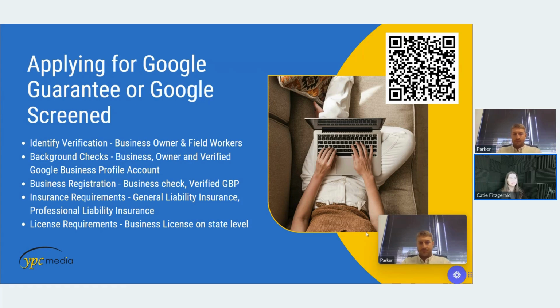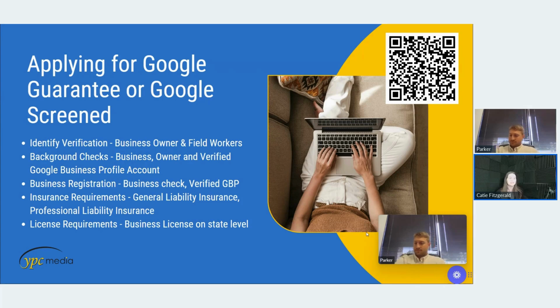This is going to go on the business owner and the business itself, and they also take a look at your business profile through Google to make sure you haven't had any slaps on the wrist or anything like that. They're going to look at your business registration documents and your insurance requirements. When you go through the Google Guarantee section, you are going to be required to have general liability insurance as well as professional liability insurance, based on your industry, as Google has listed out.